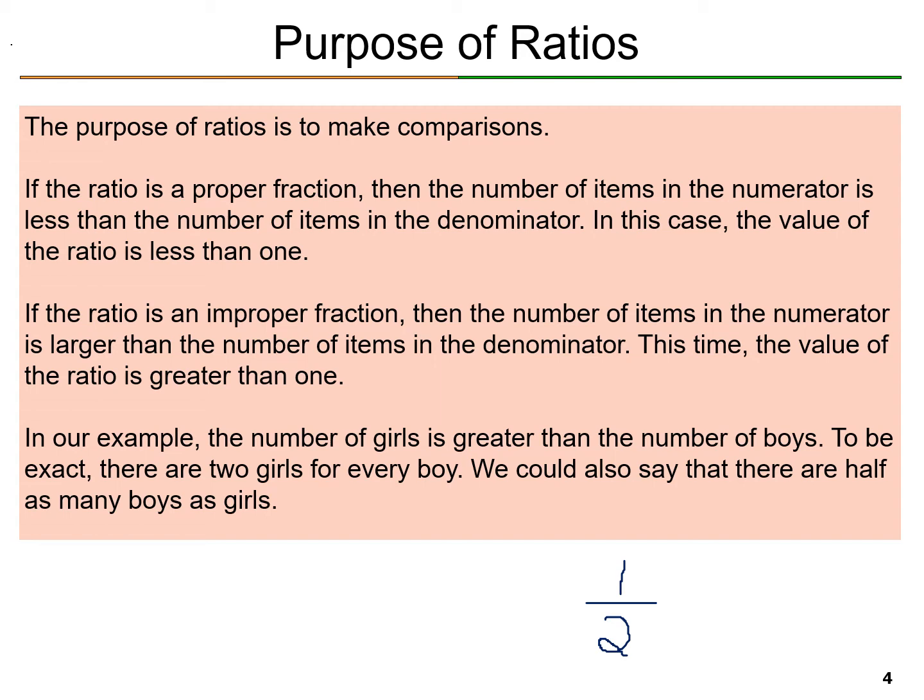Now, if the ratio is an improper fraction, then the number of items in the numerator is larger than the number of items in the denominator. This time, the value of the ratio is greater than 1. For example, 7/3 is an improper fraction because the numerator is 7 and is larger than the 3 in the denominator.